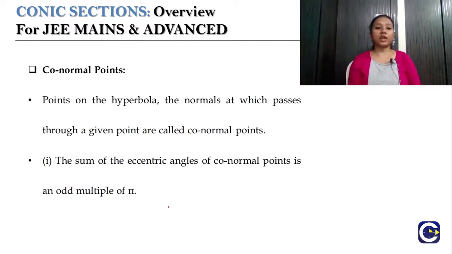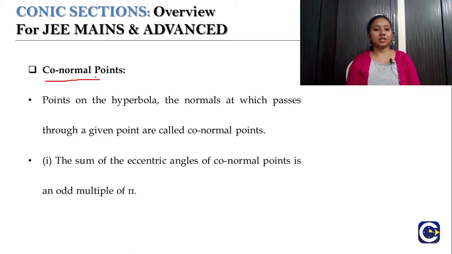As we are now going in a flow of normal-related things, let's have a discussion over the things related to the normal here. The one most important thing related to normals that we are going to learn is conormal points. If you remember, conormal points are also there in our ellipse topic, where we have discussed them too, right?